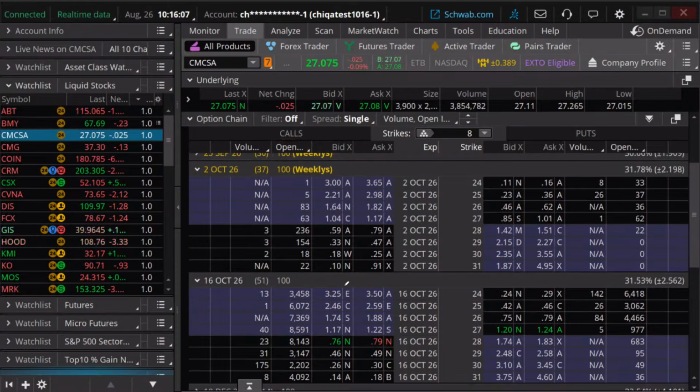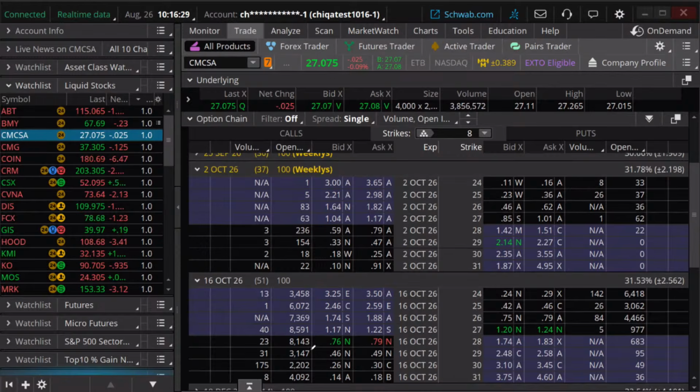So if I look at my open interest, you can see for the weekly options, some are maybe okay, a couple hundred, 100 or so, some not so much. If you look at the monthly options, they're much higher, and that translates to tighter bid-ask spreads typically.